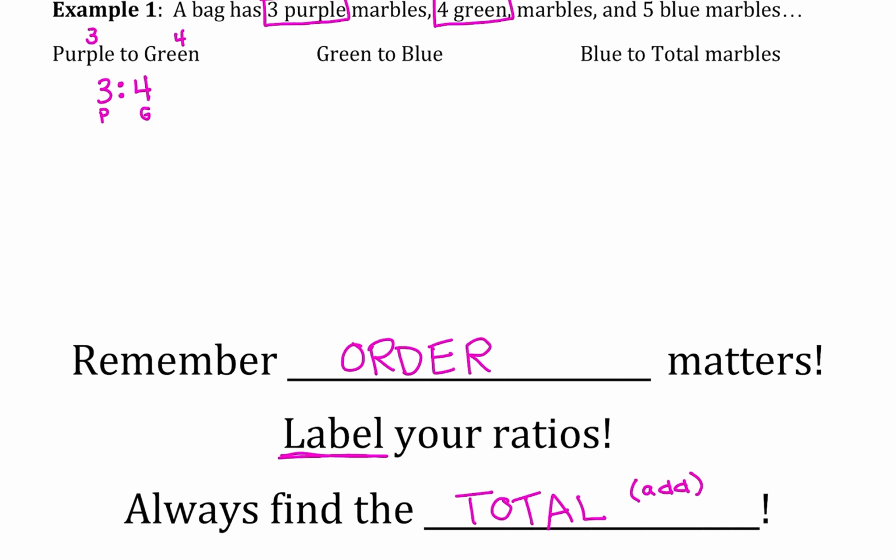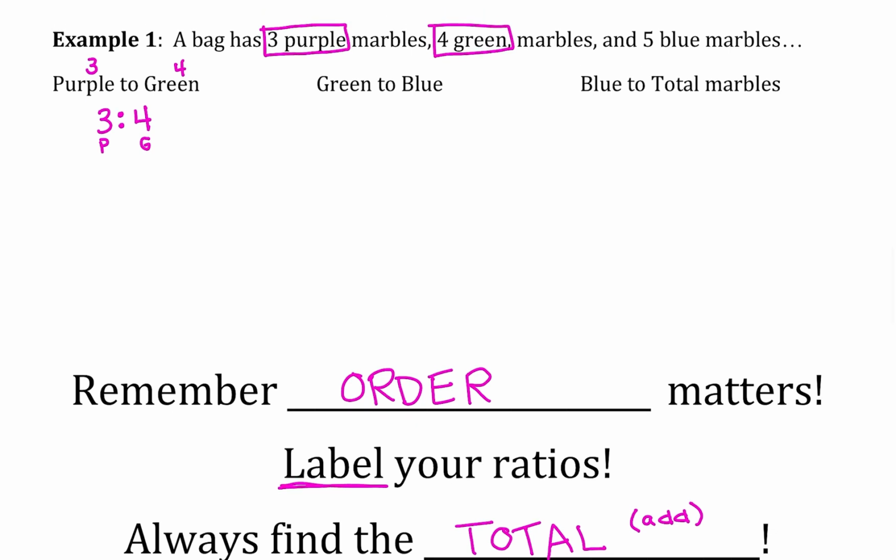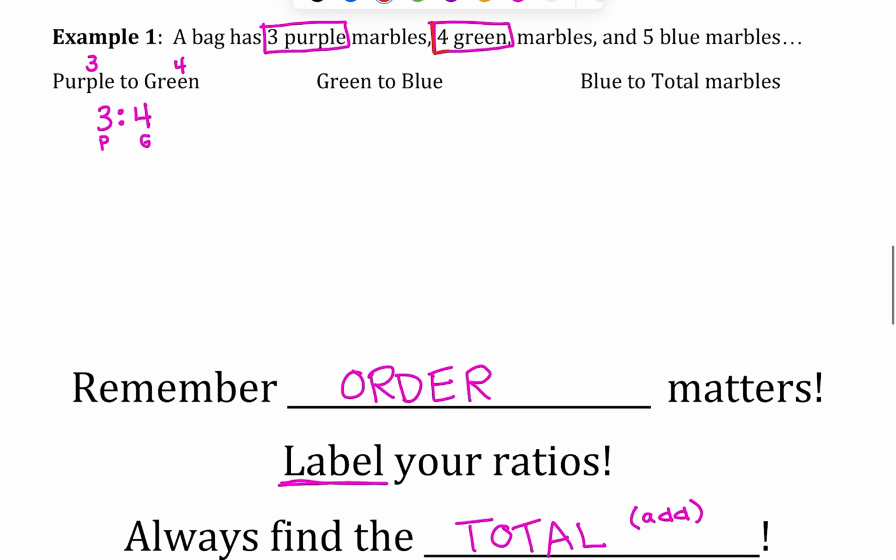The next ratio we could do is green to blue. So I have 4 green and 5 blue. So my ratio would be 4 colon 5. And G for green, B for blue, because we're going to label.